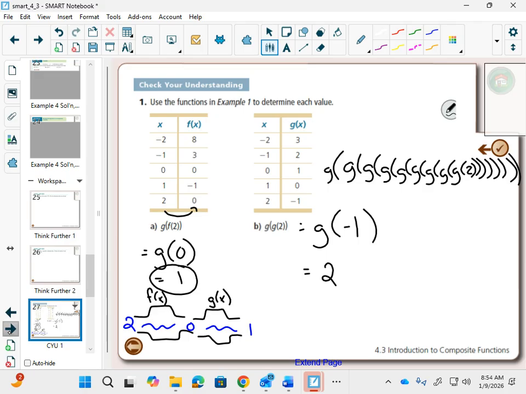You see, if it was an even number, out would come 2 again, because it just keeps flip-flopping. 2, then minus 1, then 2, then minus 1, and so on. So if there's an odd number of g's, it's going to be minus 1. If there's an even number, this one is going to be 2. You definitely wouldn't want to draw all the machines. It would take you a long time to do that. Okay, so circle question number 4.